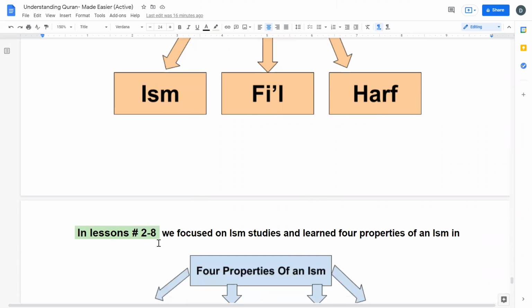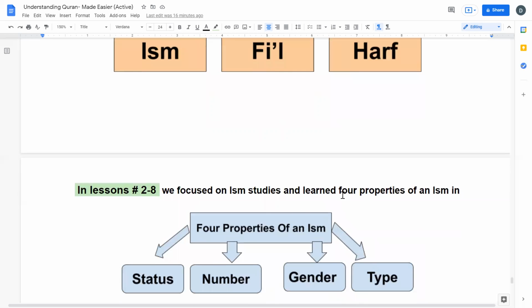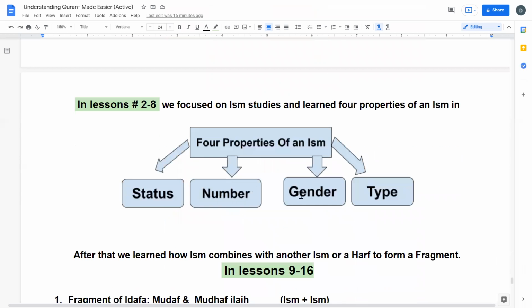And from lesson 2 through 8, we focused on ism studies and learned 4 properties of ism, which are status, number, gender, type. And then we went into details of status.